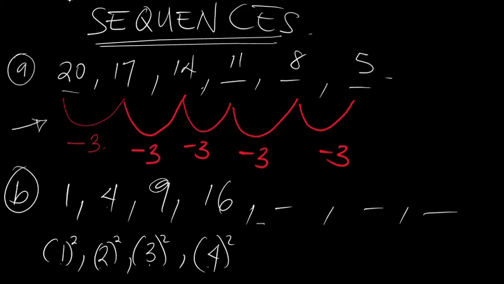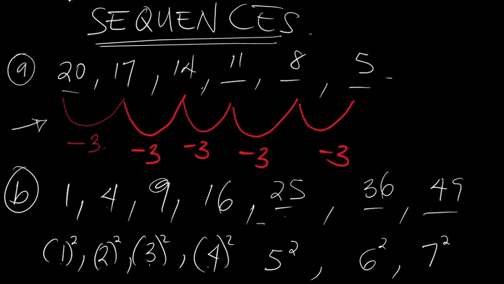So the next one here should be 5 squared, which is 25. The next one that follows is 6 squared, which is 36. The next one is 7 squared, which is 49.